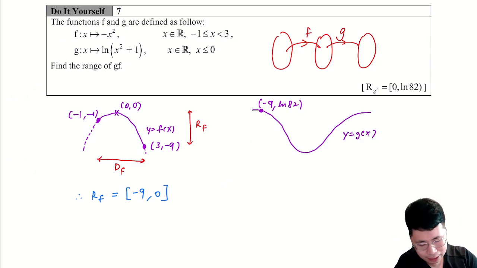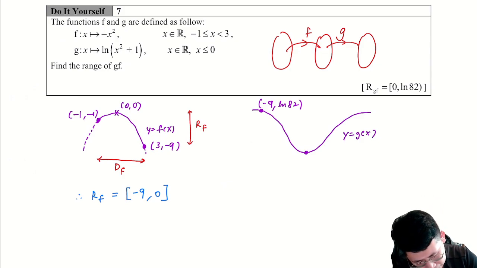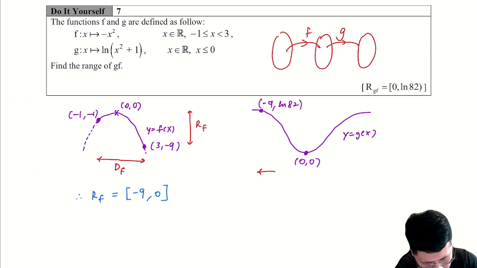At the same time, when x equals to 0, subbing in here, it will be ln 1, and ln 1 equals to 0. So actually we've got here, this is 0, 0. So for this restricted domain of G, we are going to ignore the right hand part of this curve.